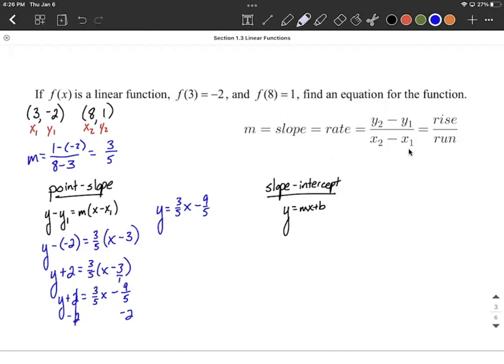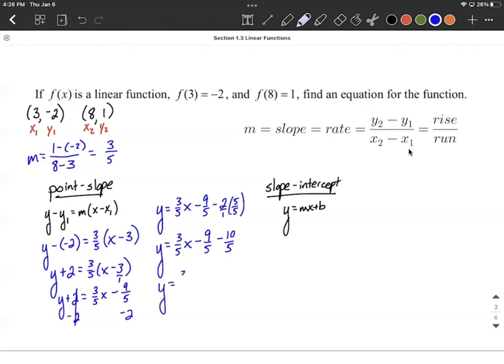And instead of minus 2, I'm going to think of that as 2 over 1. I want to combine my -9/5 and my -2. So I'd like a common denominator. I'm going to multiply by 5 over 5 to accomplish that. So y equals 3/5 x minus 9/5 minus 10/5, right? 10/5 is equivalent to that 2 we were subtracting away.